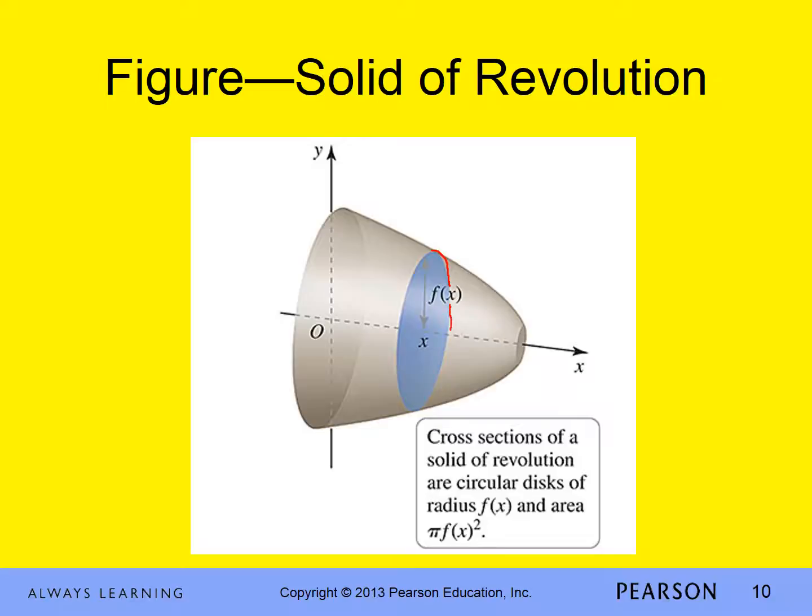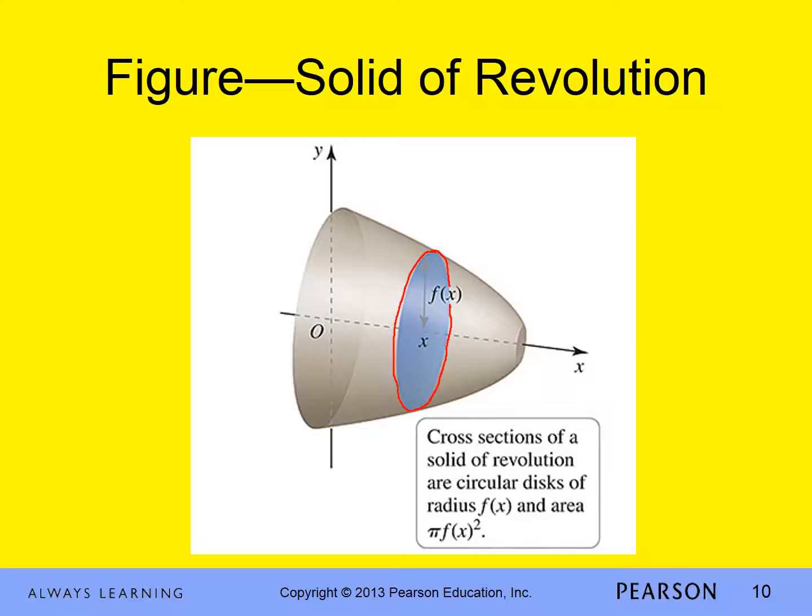It's a circle, so its area is pi r squared. And so if we can get an expression for the f of x there, that will be the radius of the circle. That's the thing that's going to be squared, the result multiplied by pi, the result of that integrated.